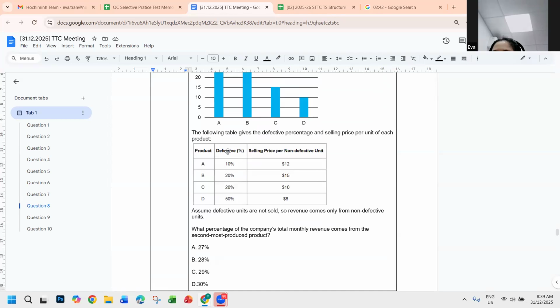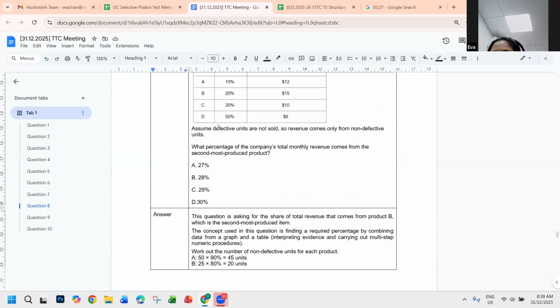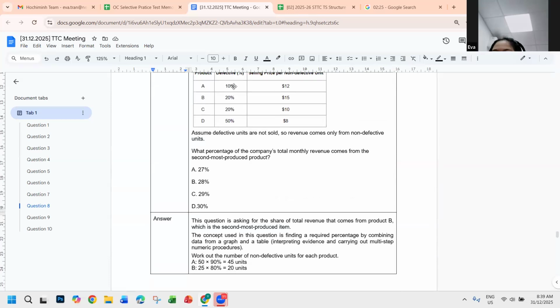We have the percent of defective units, so to find the percent of non-defective units, we take 100% minus the percent of defective units. Here, the percent of defective units in product A is 10, so the percent of non-defective units will be 90.